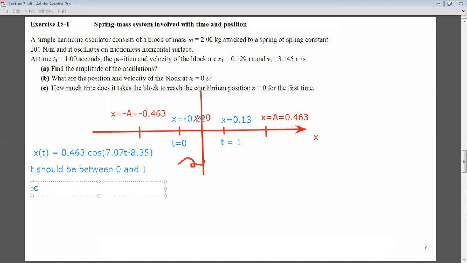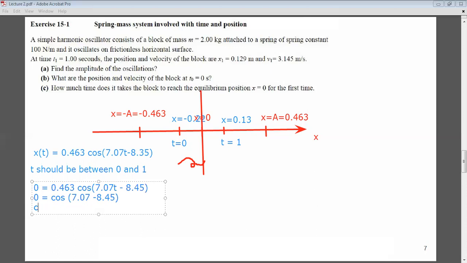Okay, so we can just put here 0 is equal to 0.463 cosine of 7.07t minus 8.45. So 0 is equal to cosine of 7.07t minus 8.45. What is the angle whose cosine is 0?